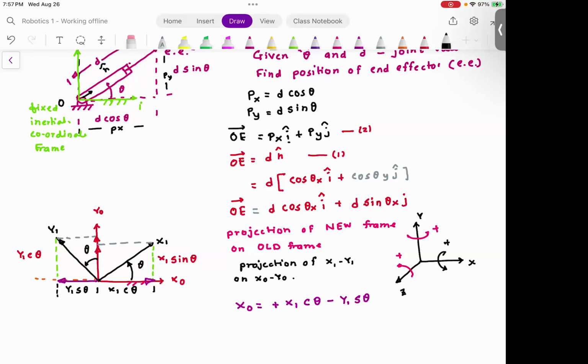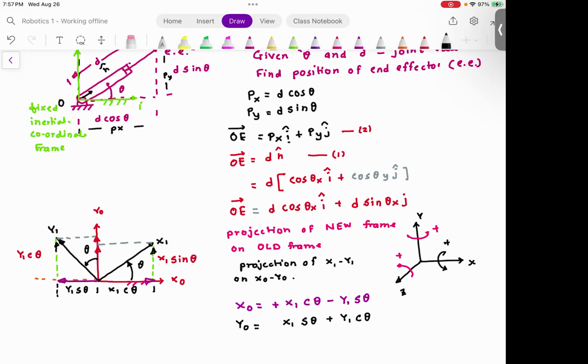The projection of x1 onto y0 will be x1 sine theta. It's going to be positive. So which means y0 is going to be x1 sine theta plus y1 cosine theta. Do you agree with me?